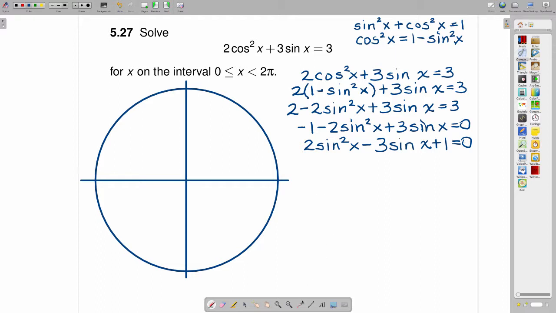Now at this point, I have a quadratic, and hopefully that quadratic can be factored. If it can be factored, then we'll have 2 separate equations to solve. First factor we'll put over here, and that is 2 times the sine of x.